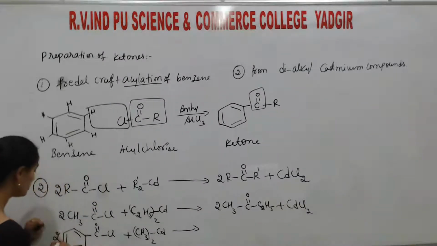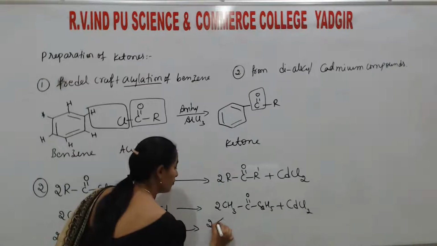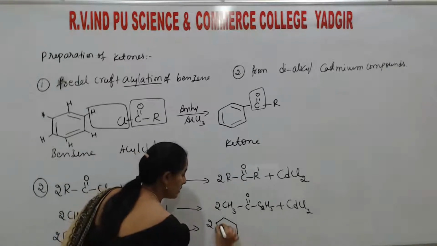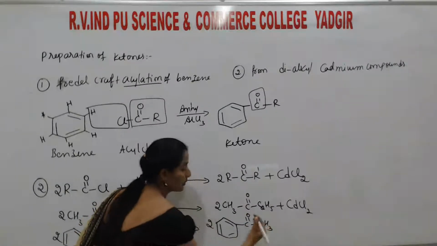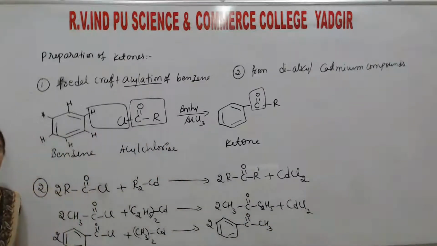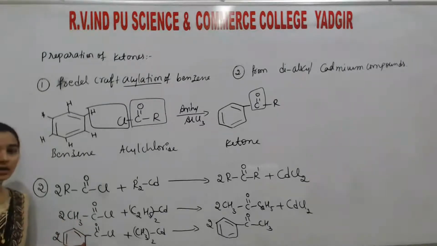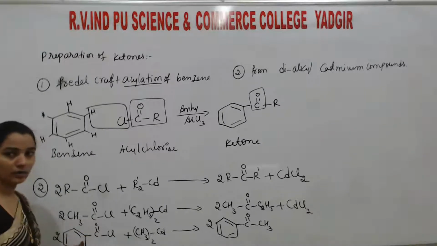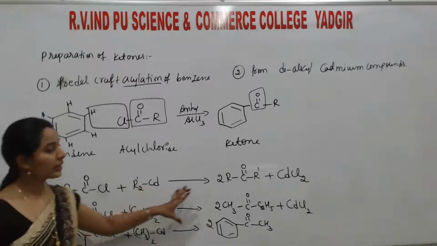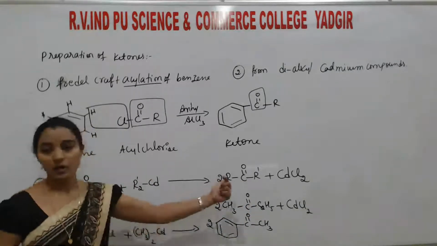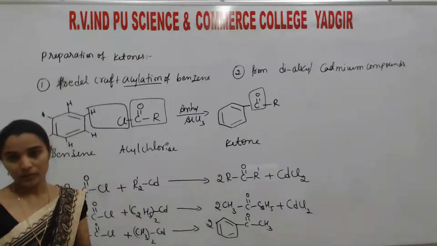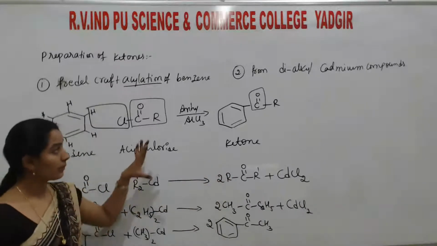This is in 2 moles. Here 2 moles of this R group is benzene, and here it is C double bond O. This is the product formed. Understood? So no matter which R group we take, alkyl or aryl, the reaction takes place in the same manner. So you have to remember only the general reaction. Understood? So this is the preparation of ketone.